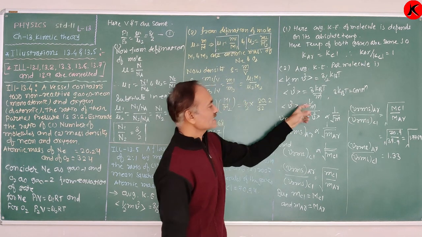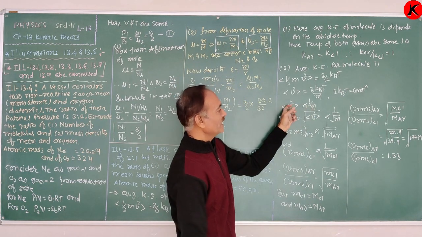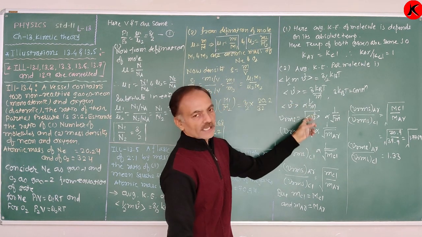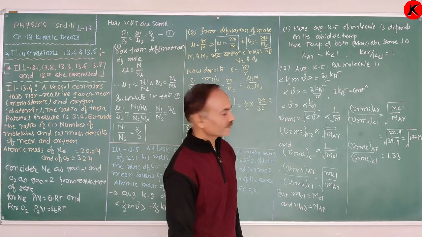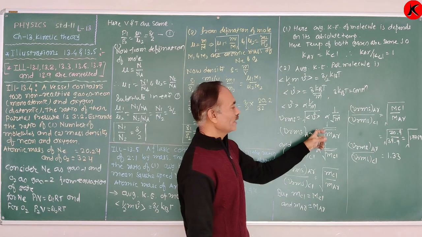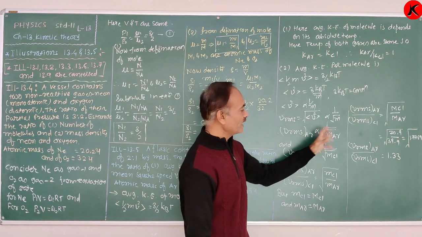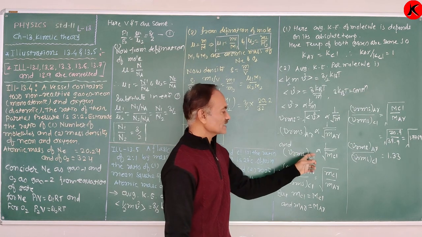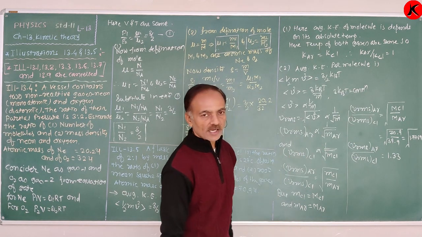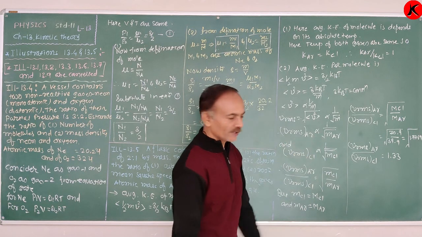Therefore, taking the square root, VRMS is proportional to 1 upon under root of m. Therefore, VRMS of argon is proportional to 1 upon under root of mass of argon molecule, and VRMS of chlorine is proportional to 1 upon under root of mass of chlorine molecule.